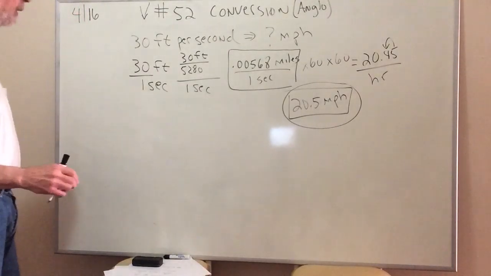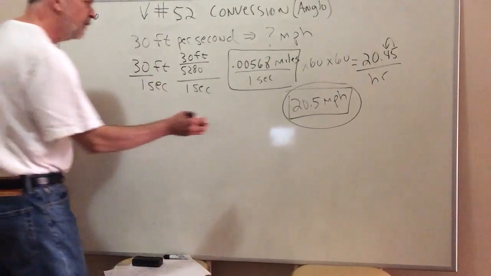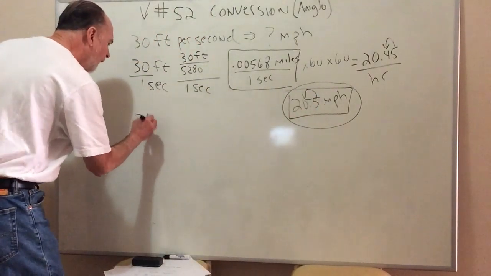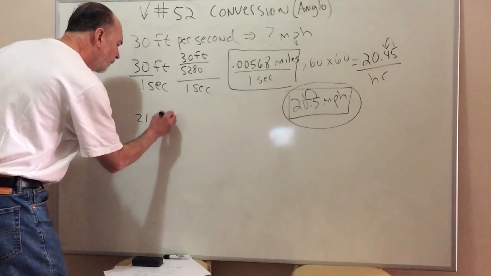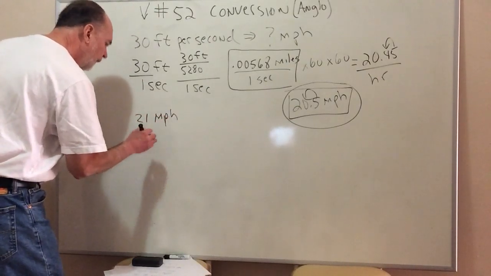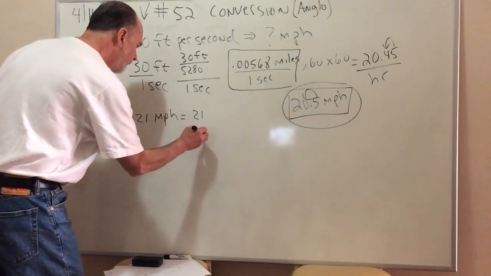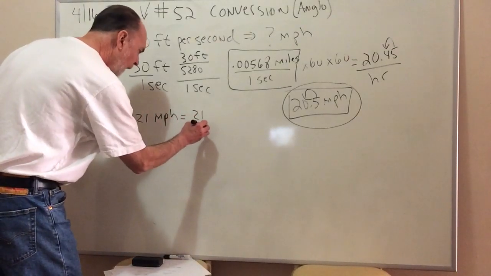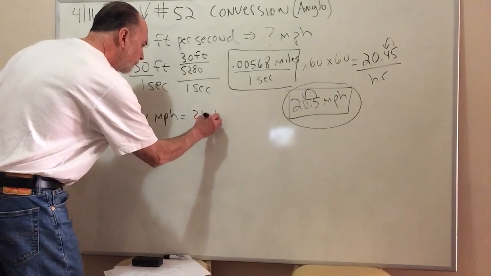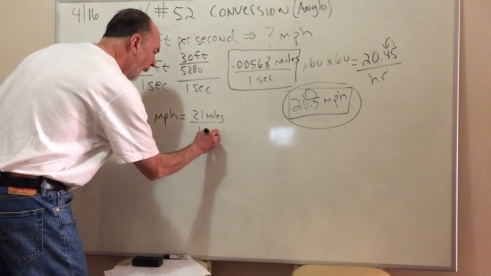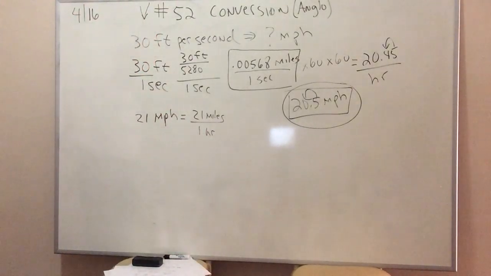So let's see what's going on here. I'll say, rounding to a whole number here, I'll say I'm going 21 miles per hour. So I'll write that out as 21 miles, 1 hour. So you want to work along with me?